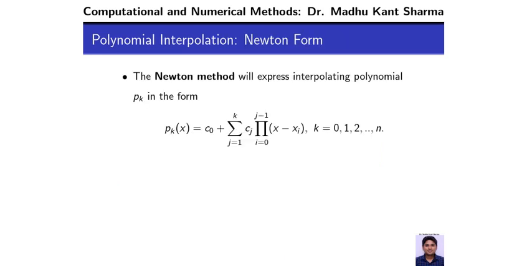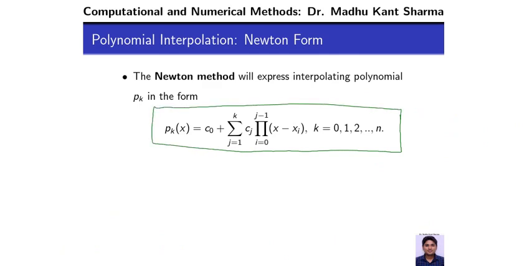Then again, if you go back and look at the Newton method, this is the compact form of Newton's interpolating polynomial.